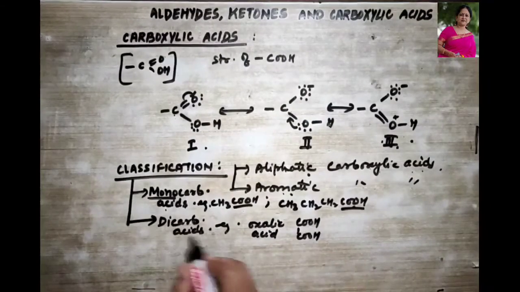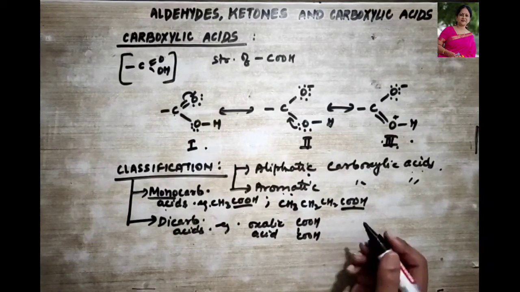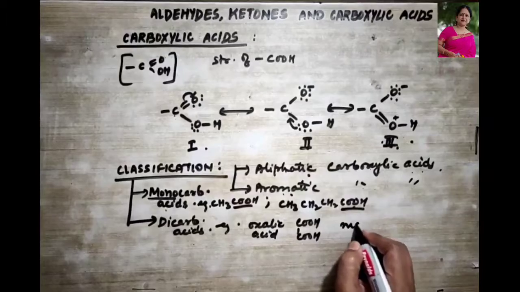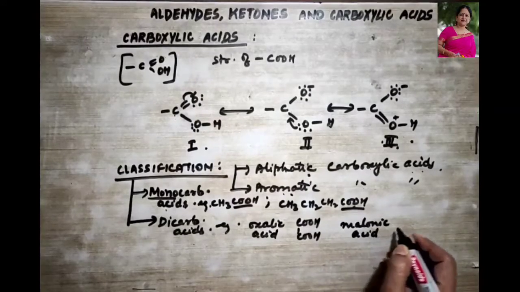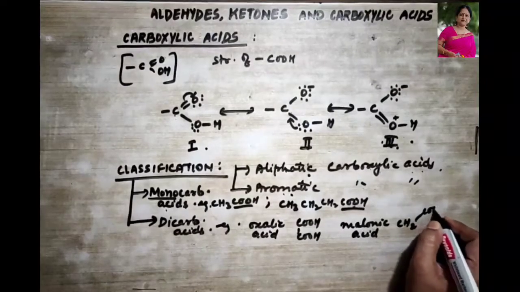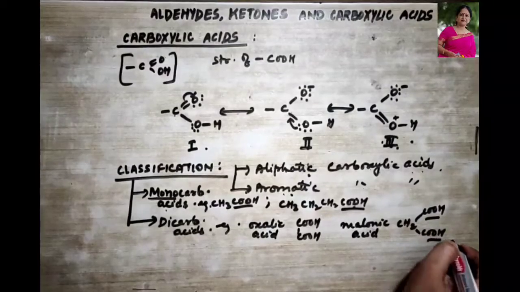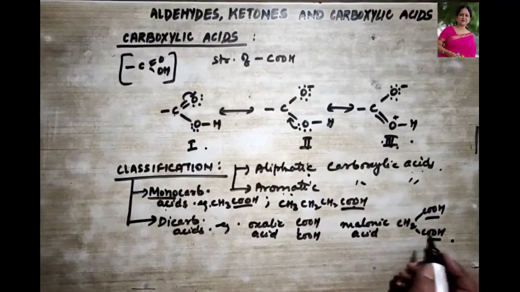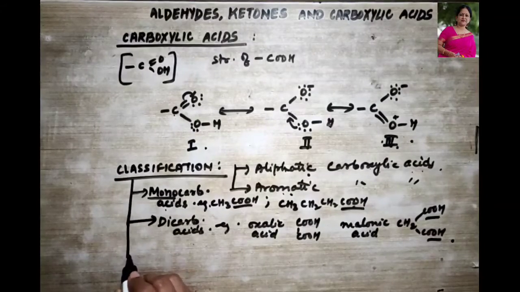So it's a very good example of dicarboxylic acids. Again, malonic acid is written as CH2(COOH)2, COOH. So we have two carboxylic groups over here. So this is also a dicarboxylic acid.